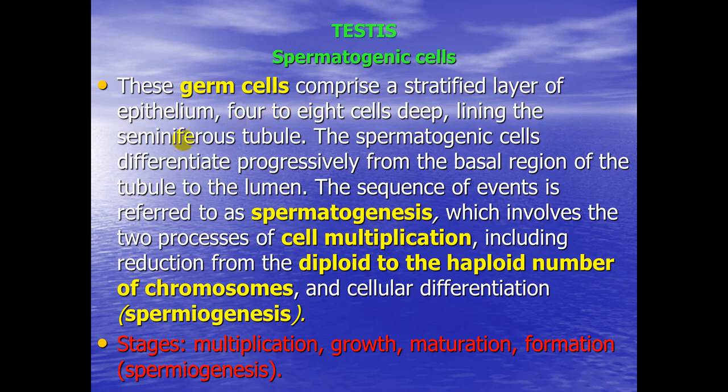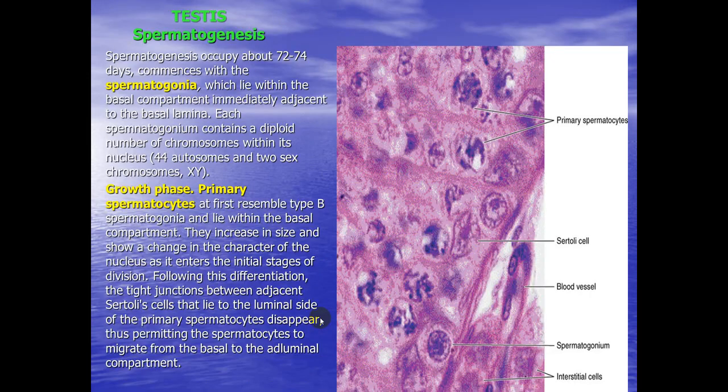So I think that you know the stages of spermatogenesis. I repeat the stages: first multiplication, then growth, then maturation, then formation, or spermiogenesis. So spermatogenesis occurs over about 72 to 74 days.